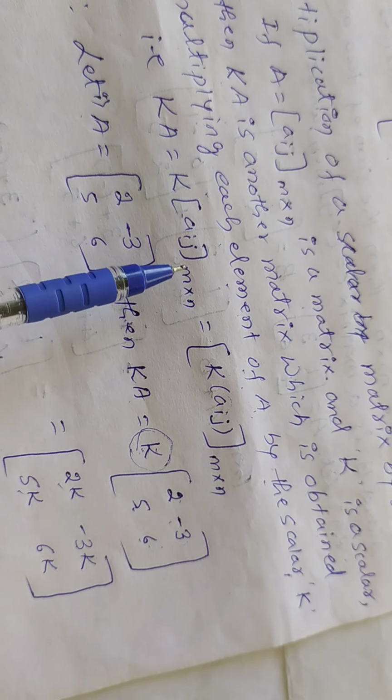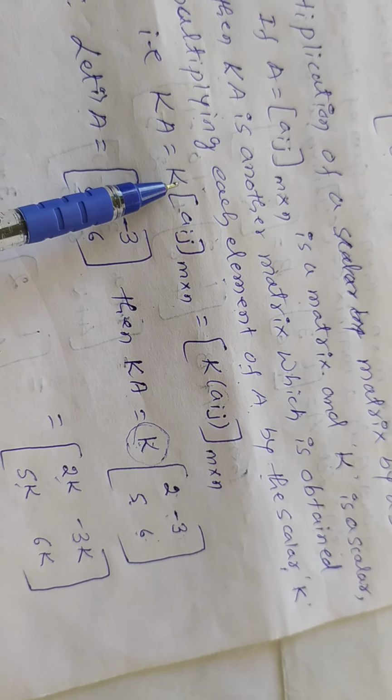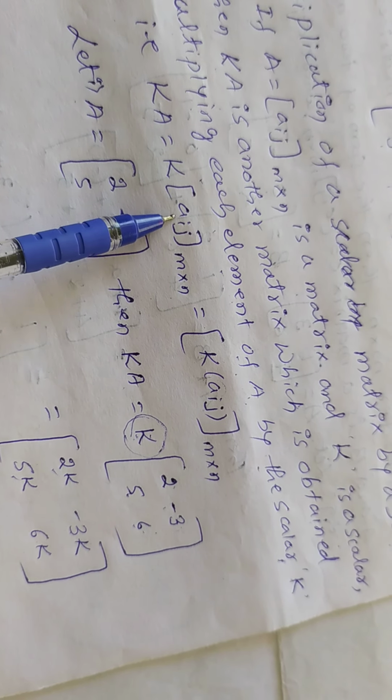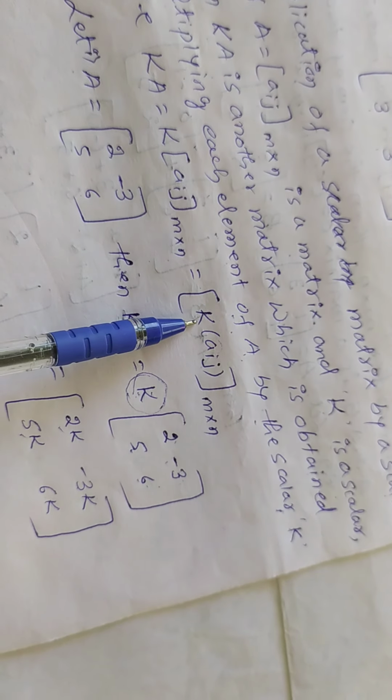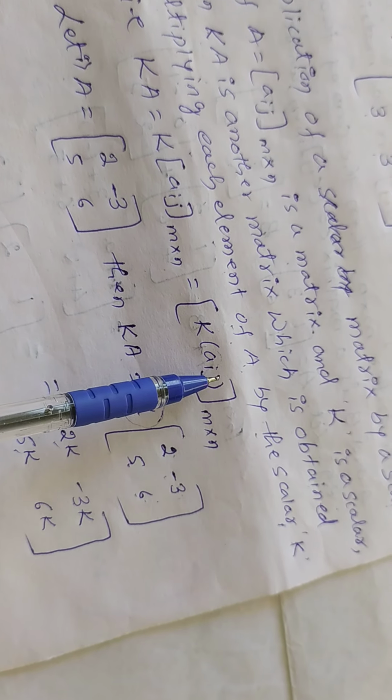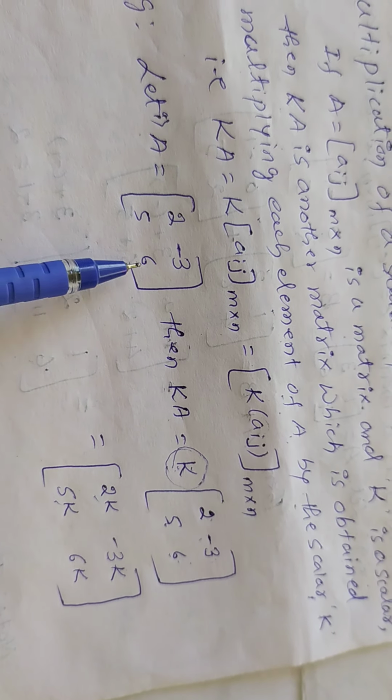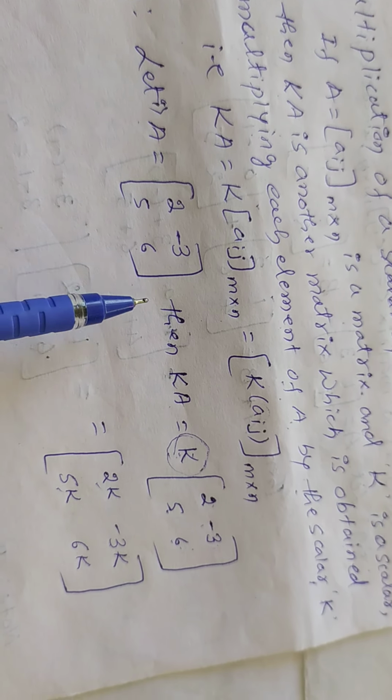You have to multiply K with each and every element of matrix A, that is K into Aij. See the example: let A equal the matrix 2, minus 3, 5, 6, a matrix of order 2 by 2.